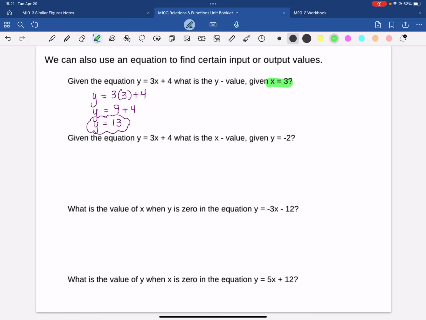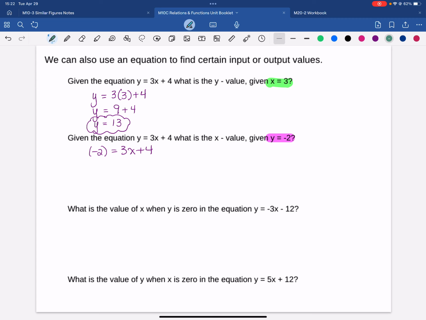Okay, and that can work with any value. It doesn't have to be x. We can also be given a y value. And we can replace our equation, our y equals, with that value we're given. In this case, however, it's not as straightforward as just evaluating. We do have to manipulate our equation. So remember, we're trying to get x by itself.